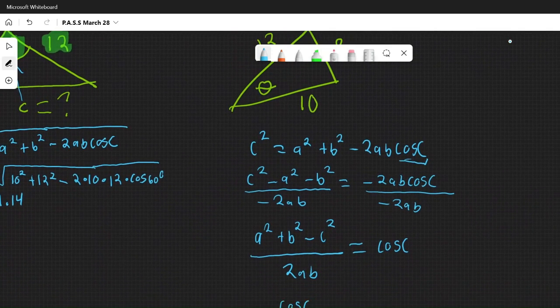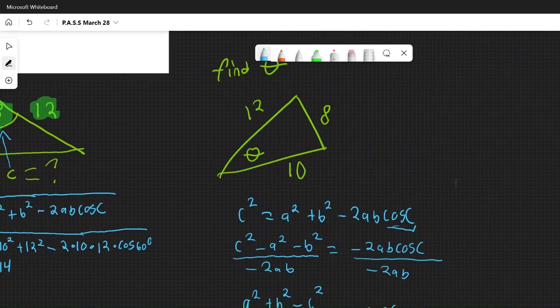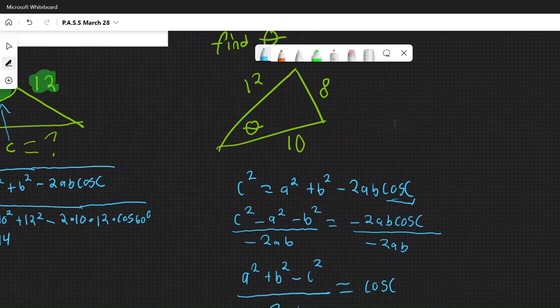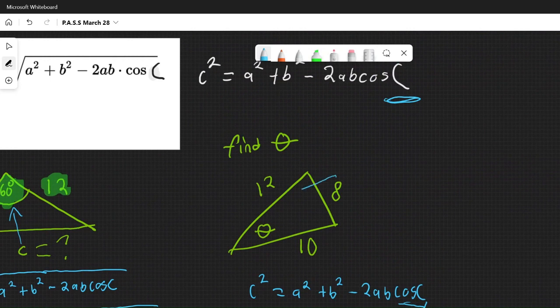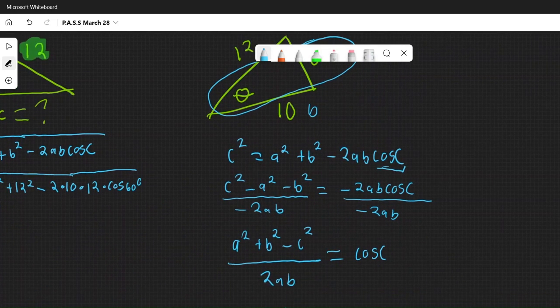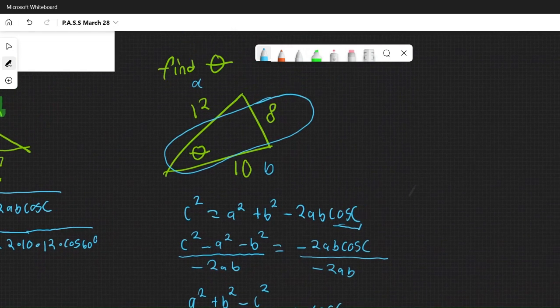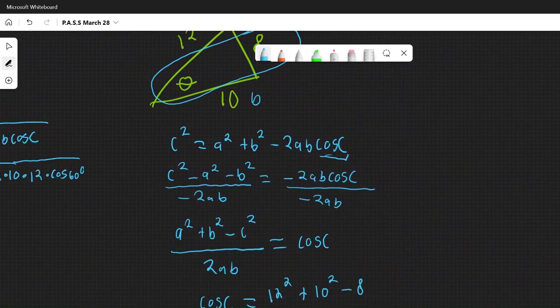So cos of c equals, a squared plus b squared minus c squared over 2ab. This is our c value here because it's opposite of our angle, and then either of these can be a or b. So that will give us 12 squared plus 10 squared minus c squared, which is 8 squared, over 2 times 10 times 12.